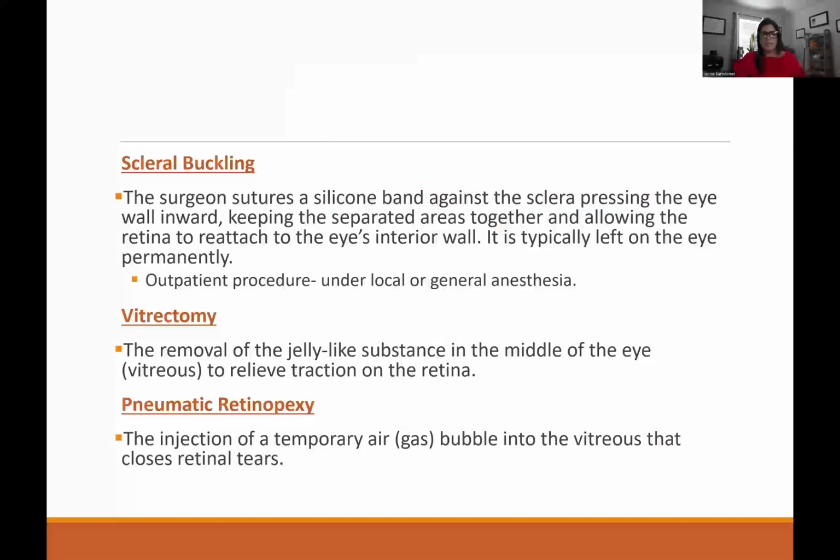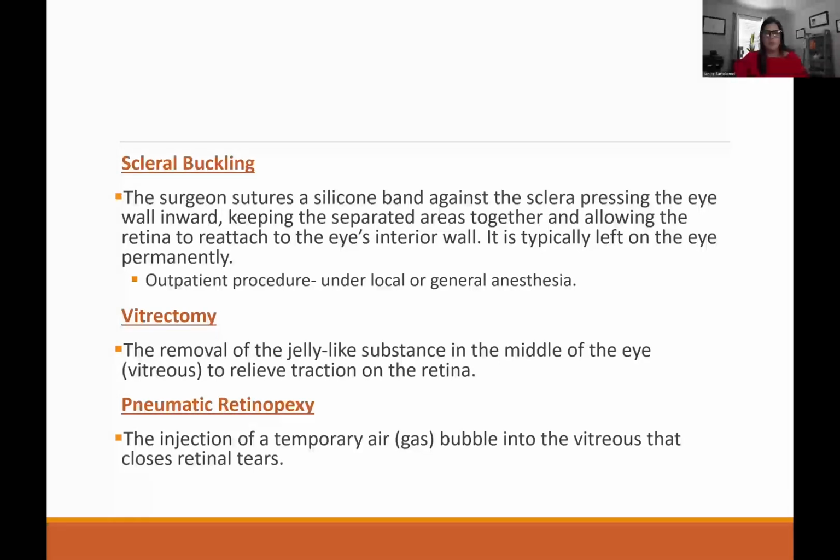The next is scleral buckling, which is what I said earlier, kind of stitches or a buckle. Think about scleral buckling as a belt you put around your pants so they don't fall.